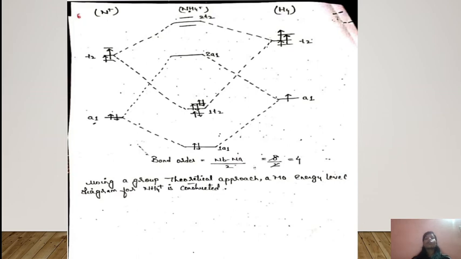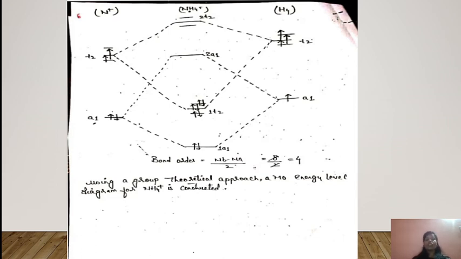So, using the group theoretical approach, a molecular orbital energy level diagram for NH4 can be constructed. On the basis of the Walsh diagram, we can understand how a molecule changes its geometry, for example from linear to bent.